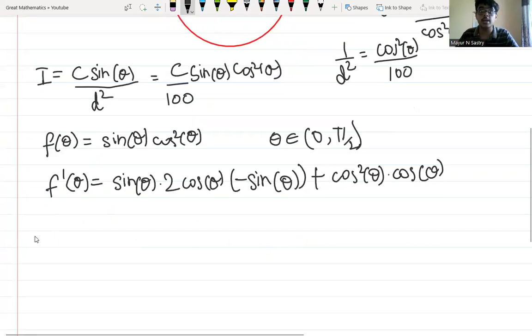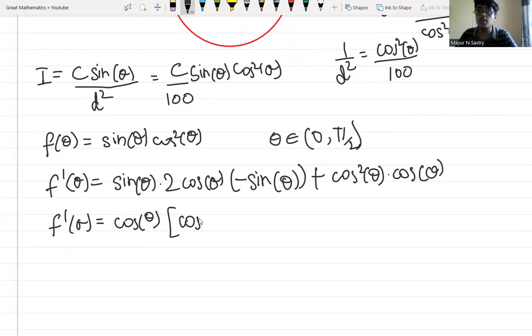So now I could take cosine of theta common and write it as cosine squared theta minus 2 sine squared theta.